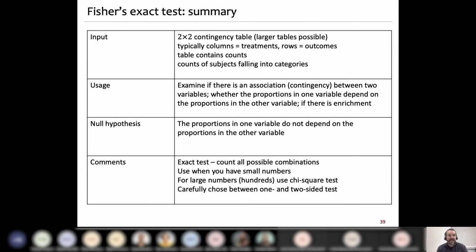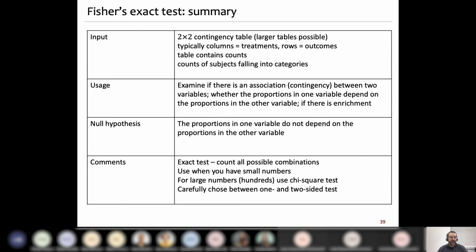The usage of this test is to examine if there is an association, or in other words, contingency between two variables, whether the proportions in one variable depend on the proportions in the other variable, or if there is an enrichment. The null hypothesis is that proportions in one variable do not depend on the proportions in the other variable.